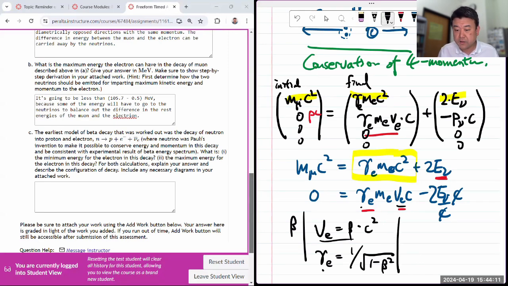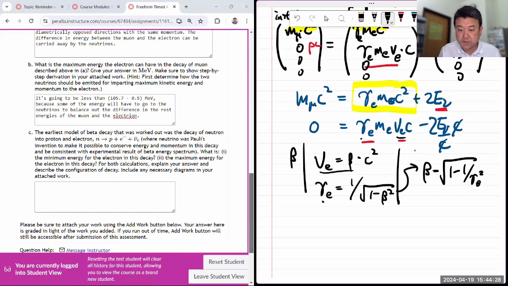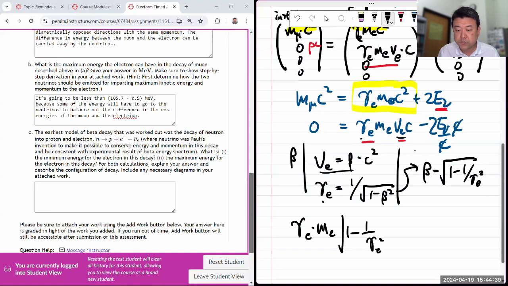So from here, I can get beta is equal to square root of 1 minus 1 over gamma e squared. So I'm actually going to plug this in, beta as v over c. Doing the substitution, this is what you end up with. Gamma e times me, and for beta, I have square root of 1 minus 1 over gamma e squared.